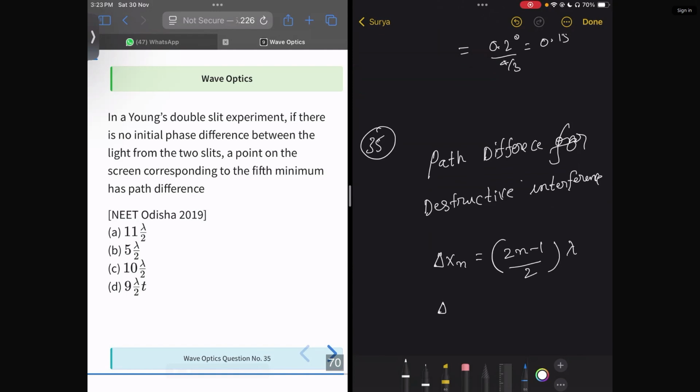So for the fifth one, delta x5, when we put n equal to 5, it will be 9 lambda by 2. So option D is the right answer.